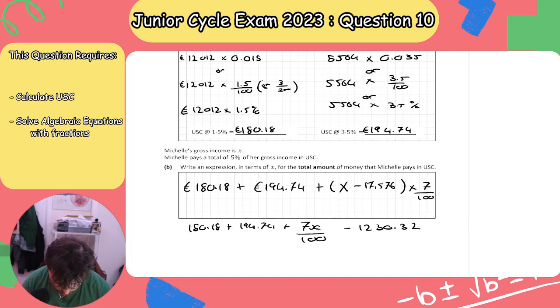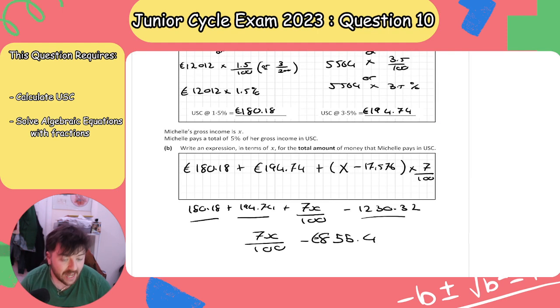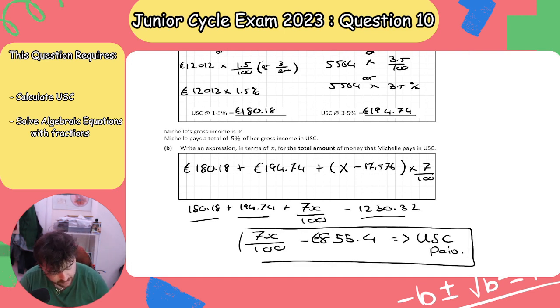So 180.18 plus 194.74 minus 1,230.32. When I add these up, I'm going to get minus 855.4 euro. And that is my expression now for her USC. So that's the expression in X for the USC paid.